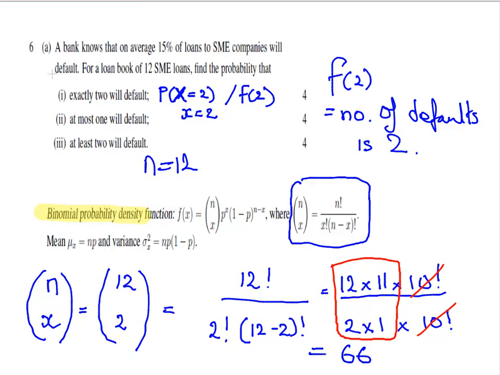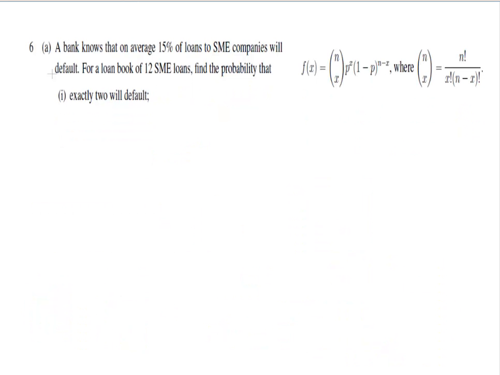Now the rest of the calculation is pretty simple. So I'm going to go on to a new slide here. Exactly 2 will default. F of 2 is equal to 66, which is this part here. And then p to the power of x. Now remember that x here is equal to 2, and p is going to be 0.15.